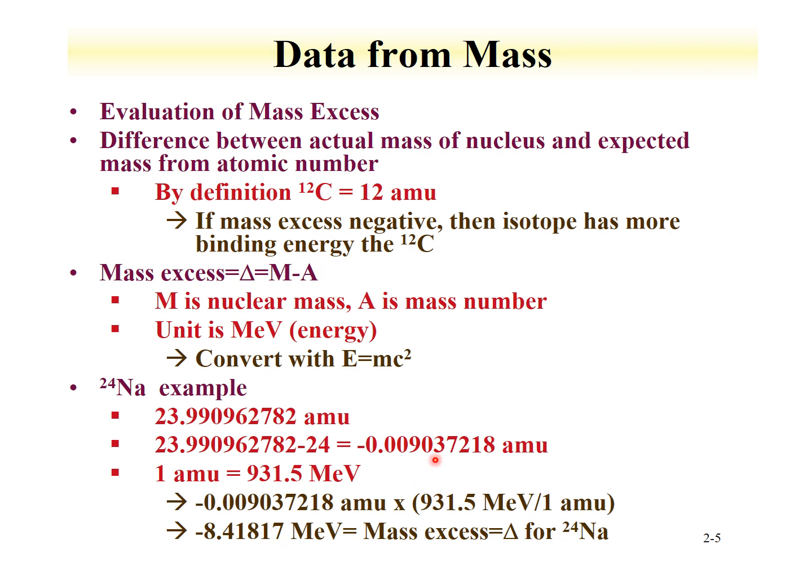So right now all we've done is define this mass excess term, which is the atomic mass minus the A of that isotope. We get a value, we multiply it by 931.5, and we get the mass excess.